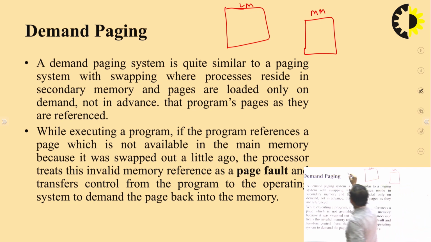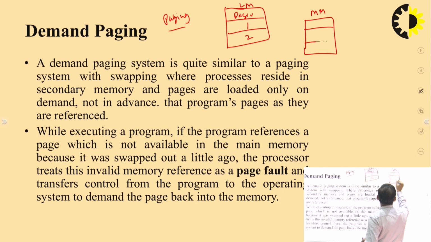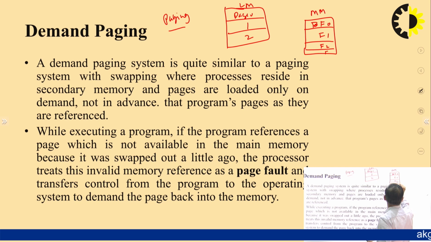In the paging technique, we divide it into equal size parts known as pages. This is page 0, page 1, page 2, and we divide the main memory into equal size parts known as frames: frame 0, frame 1, frame 2, and frame 3.